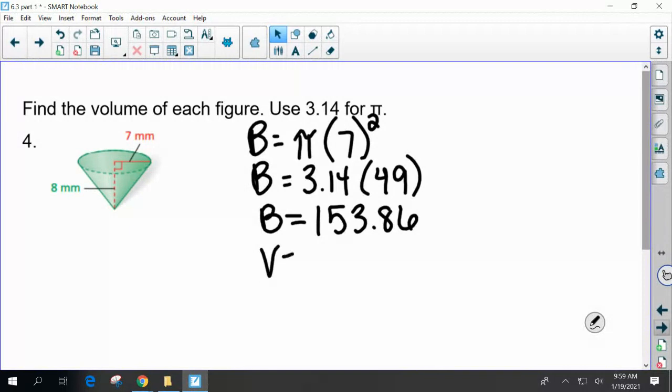So then the volume is 1/3 times 153.86 times the height, which is 8.